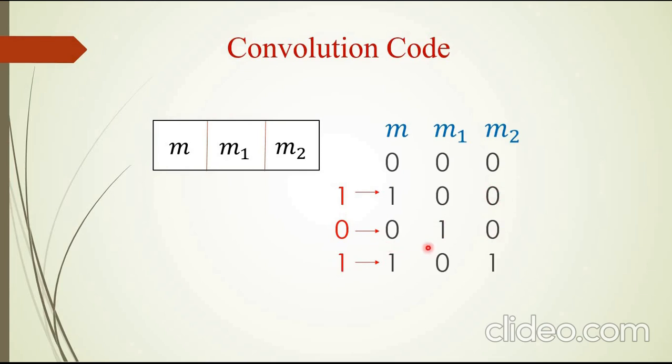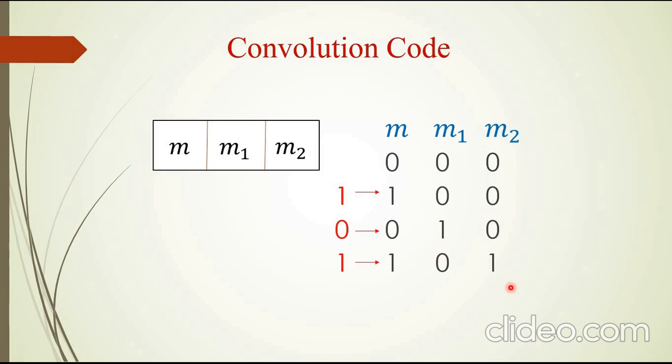After that the state will be 0 1 0. Now if I enter a 1, this bit will become 1, the previous 0 will shift over here, this 1 will shift over here, and this 0 will get discarded. Now the state will become 1 0 1.